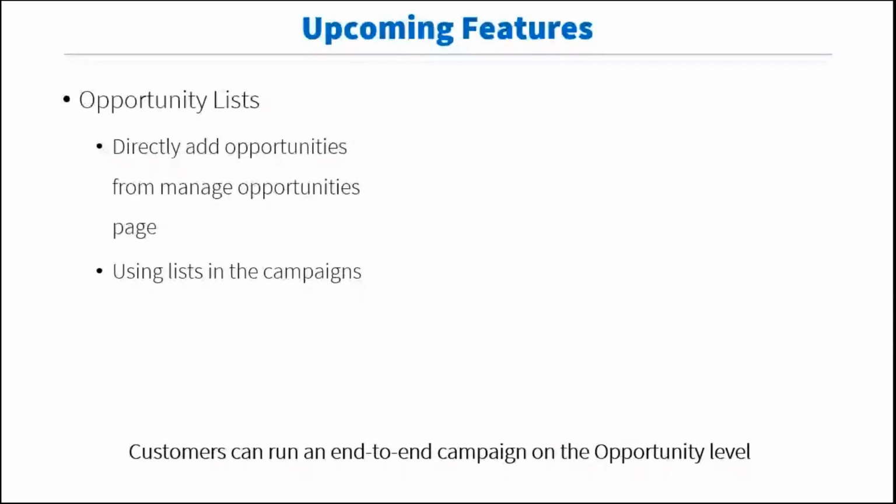I mean, the opportunities that are showing up, we can add all the opportunities to a particular list. And these lists can say we want to target opportunities that we have lost. We can just choose status equal to lost, and whatever opportunities are showing up, we can add them to a particular list. And if there is a campaign that is going to be targeting the set of leads whose opportunity we've lost, we can just add that list and send out an email, send out a campaign.